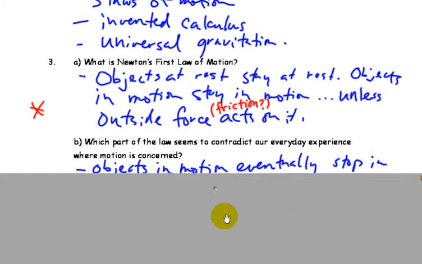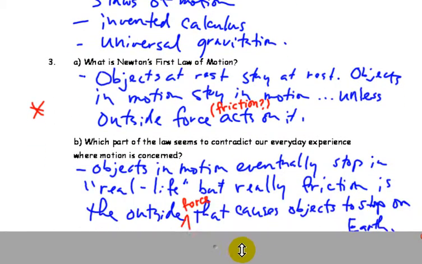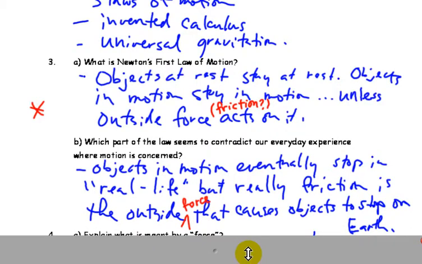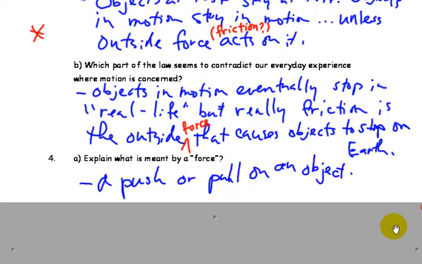So that second part is kind of questionable, but once we realize that we have friction involved all the time, it makes sense. So objects in motion eventually stop in our real life because friction is that outside force that causes things to stop on Earth.